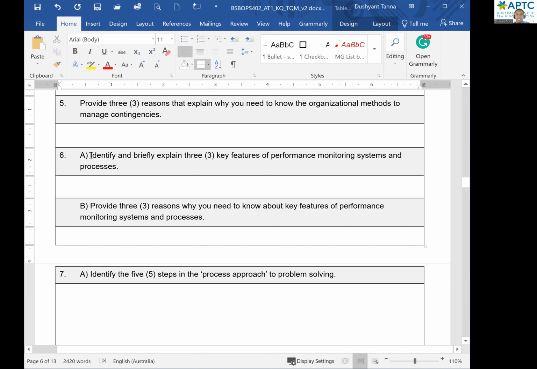6A, identify and briefly explain 3 key features of a performance monitoring system and process. The one which tracks your performance, right? For example, it's not relevant to the operation plan, but if one of the mottos is to provide the best customer service, the employee has to be on time. If the employees are not on time, how can you expect to provide customer service because the customers are lined up in a queue?